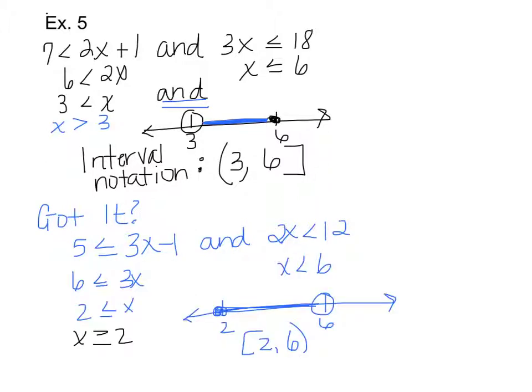And after you solve it, this is what you should have gotten. x is greater than or equal to 2, and x is less than 6. And when you graph it, that means that since it's both, it has to be between.